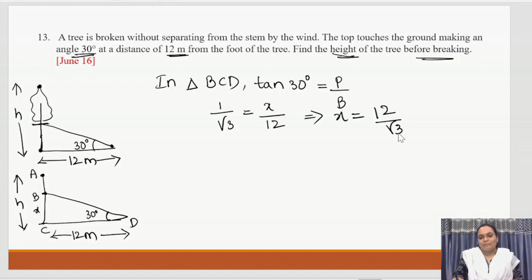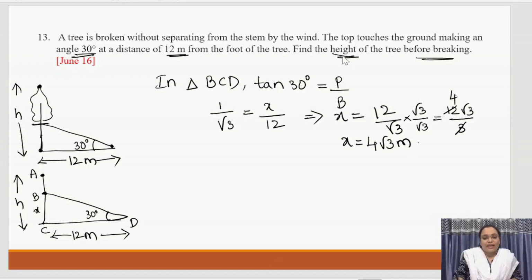I can rationalize this, multiplying and dividing by root 3. So you will get 12 root 3 by 3, which is 3 ones, 3 fours. So x equals 4 root 3 meters. We need to find the height of the tree before breaking. If you want to find the height of the tree, that will be AC.